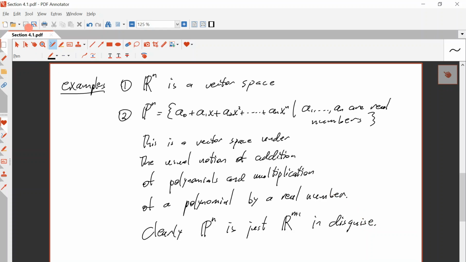Not that there's not a reason to put on this disguise. I mean, there is a reason. You can do calculus with polynomials, right? So combining the calculus and the linear algebra, it really gives you something with some real meat to it.